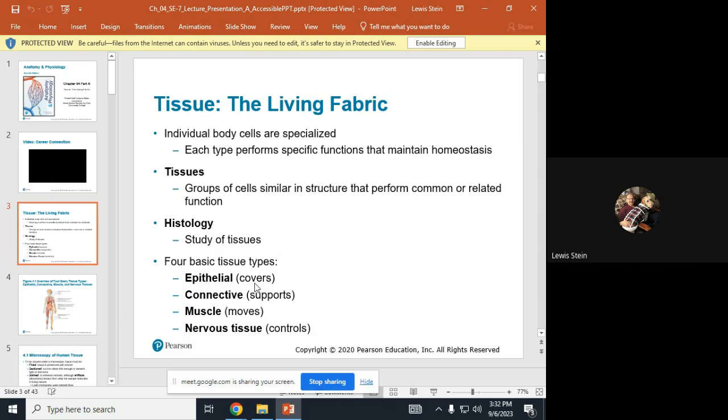Because they reproduce so rapidly and all the time, it's a good news, bad news situation. Here's the good news: if they're damaged, think of what you put into your mouth or gut. They're abrasive, sometimes chemicals, sometimes irritating, sometimes poisons, things that are potentially toxic. So it's going to damage those cells.